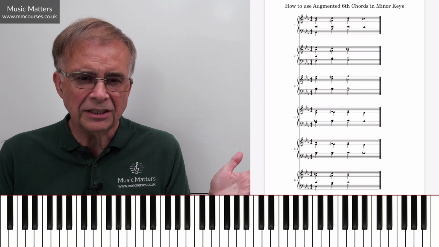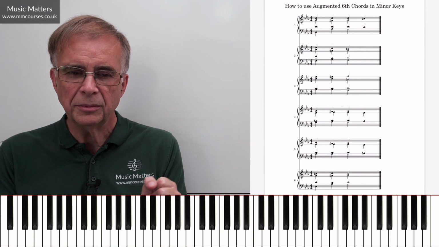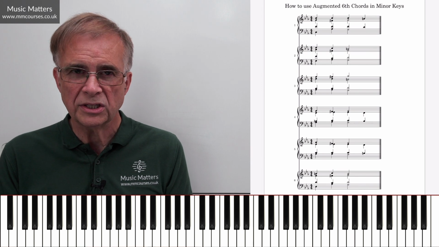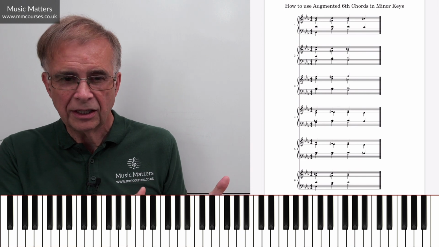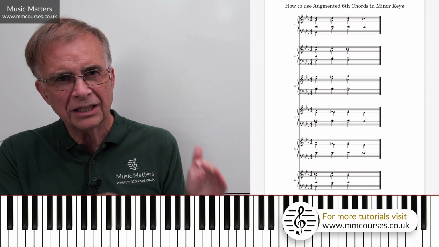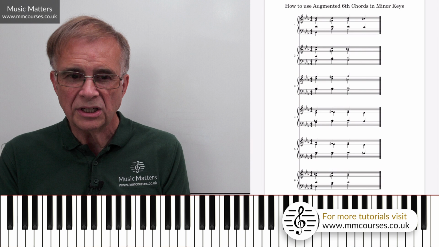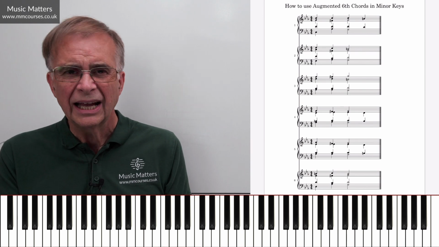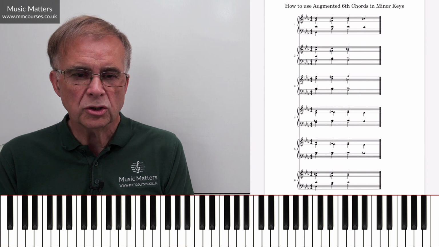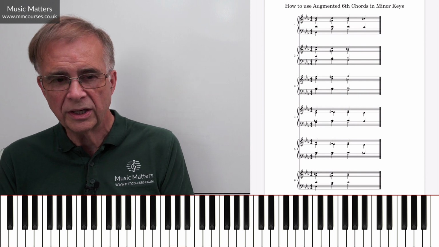There are other things that you could do, but at the moment I'm talking about the most common resolutions, the things that work best. Okay, now we're going to think about approach chords, and we're going to consider the different degrees of the scale and the diatonic chords that are built on them, and work out which ones are good approach chords and maybe which ones don't work quite so well.